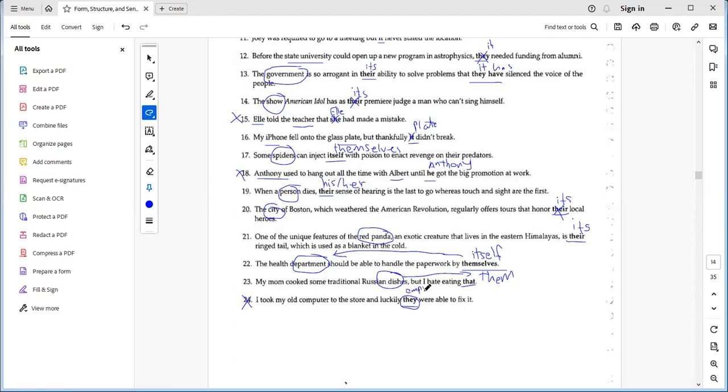Because we're going to say employer or employee, or switch was to were, so that it is singular. The employer was able to fix it.